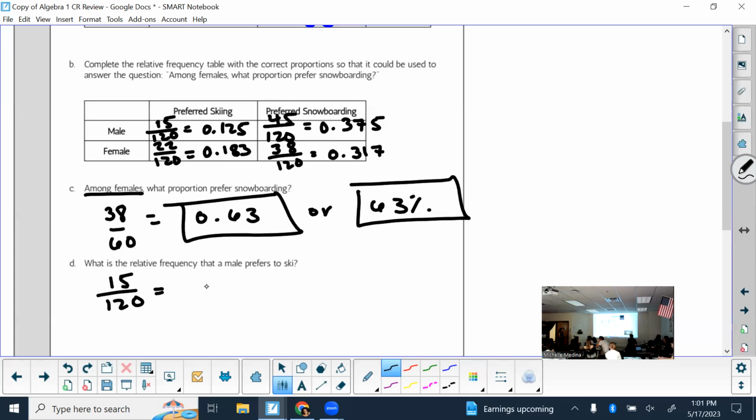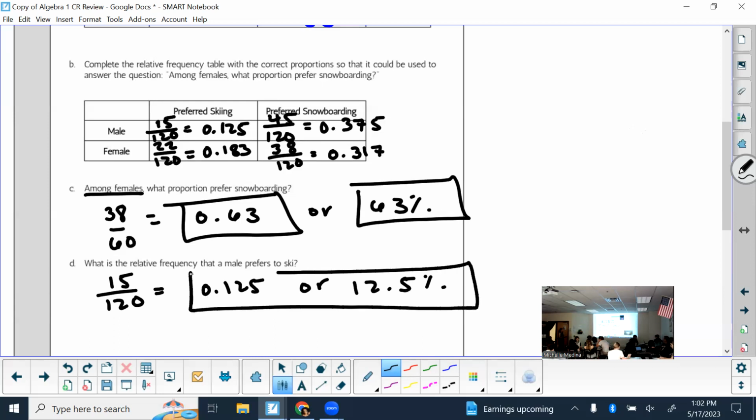Okay, I agree, which is the 0.125, which is 12.5%. So to convert decimals to percentages, you times by 100%. Right? Questions? Okay, so yeah, 15 divided by 120 times by 100% if you want the percent.